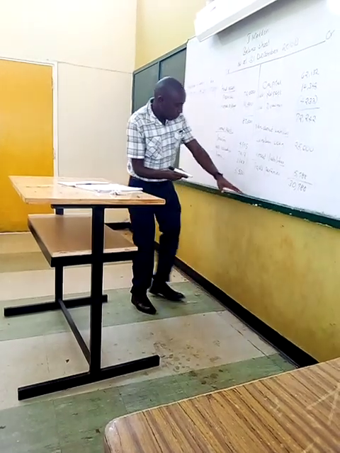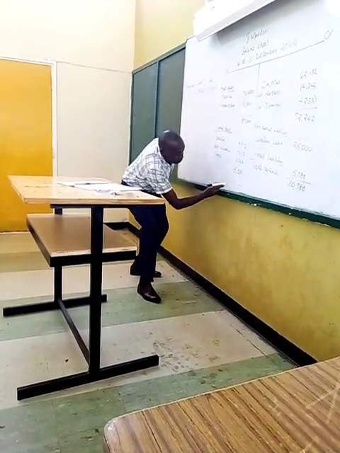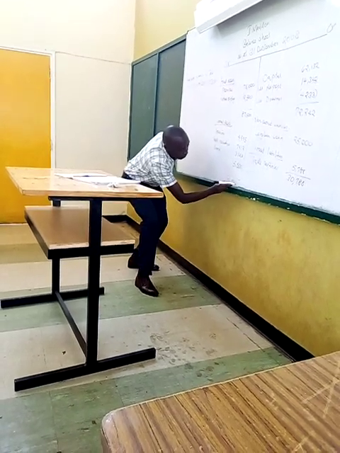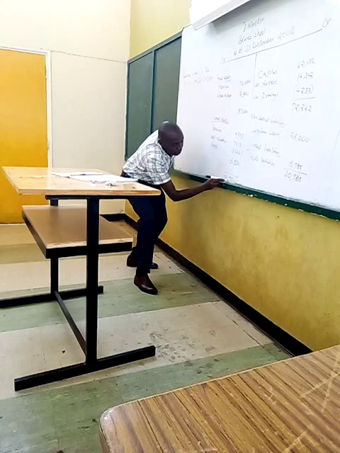Now we come down here, put a line, 103,030, and rule it twice.